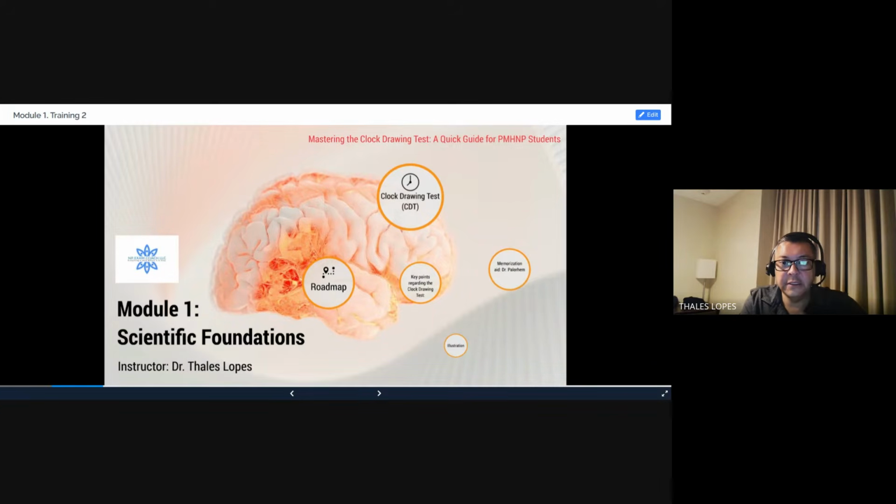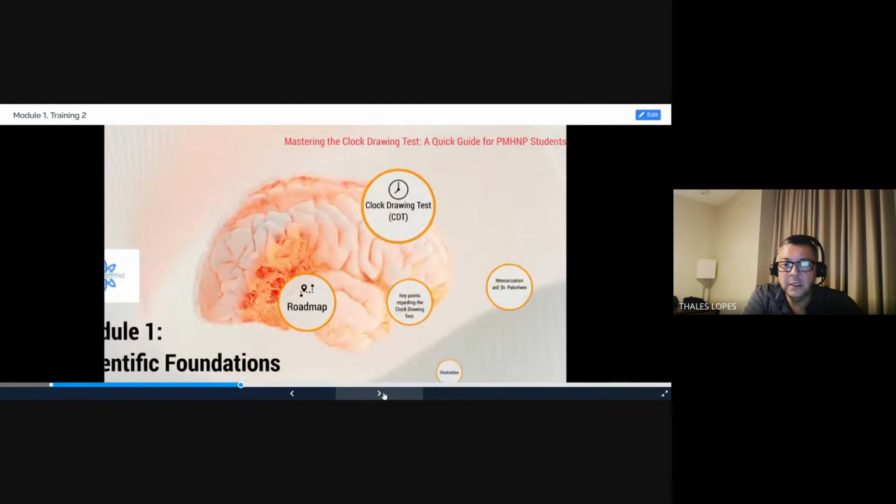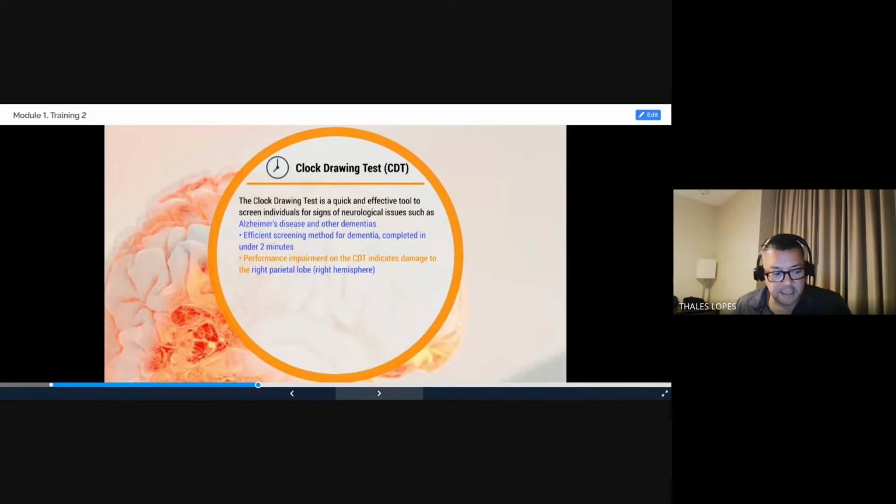Another point that will most likely be on your tasks that we touch base on today is the clock drawing test. So why do we care about the clock drawing test? Well, let's start by saying that the clock drawing test is an easy test for cognition.